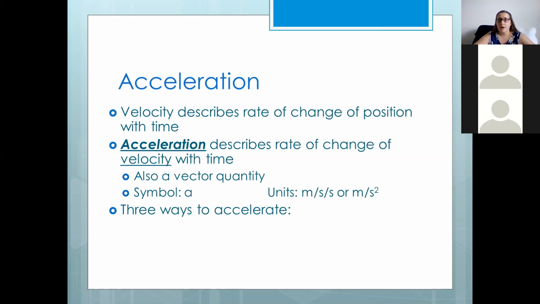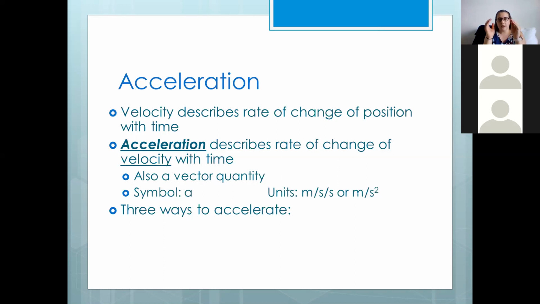So how fast your velocity is changing, if that makes sense. It's also a vector quantity. We give it the symbol a, lowercase a. Capital A is something different. It has the units of speed, or a velocity unit, divided by a time unit.